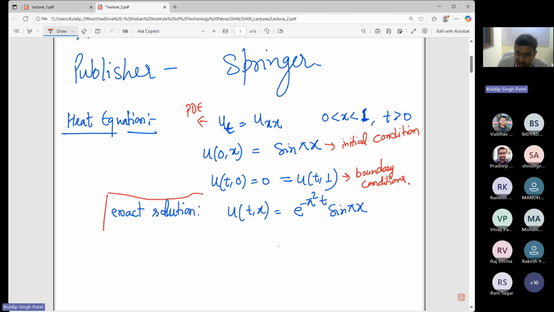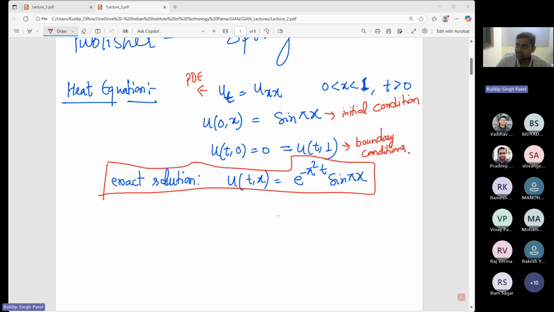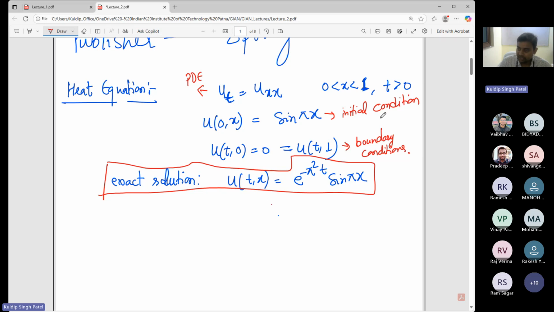What does it mean? Let us try to understand. First of all, this solution satisfies the original equation. Can anyone quickly verify that this exact solution satisfies the PDE?